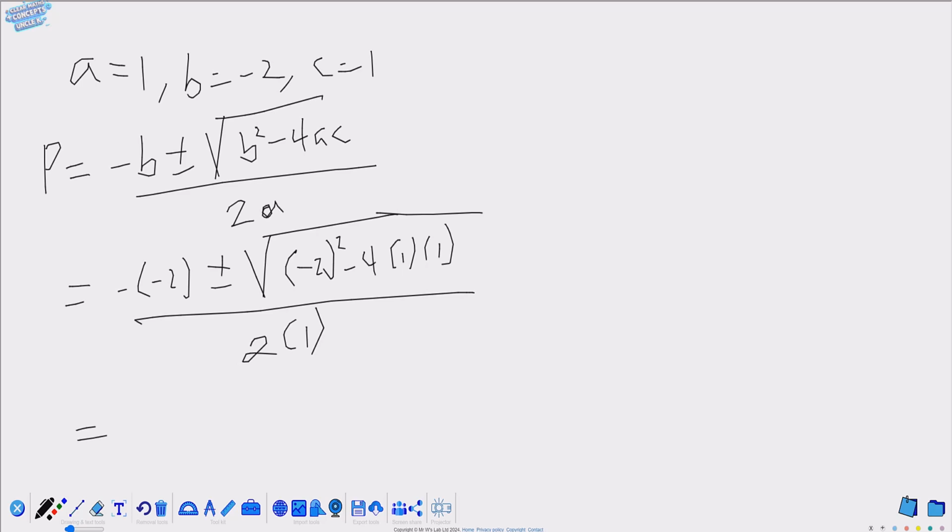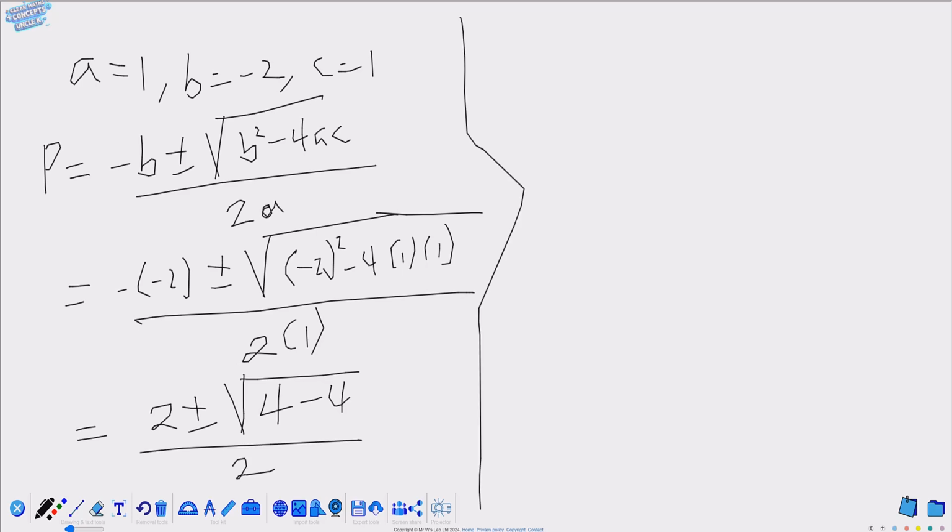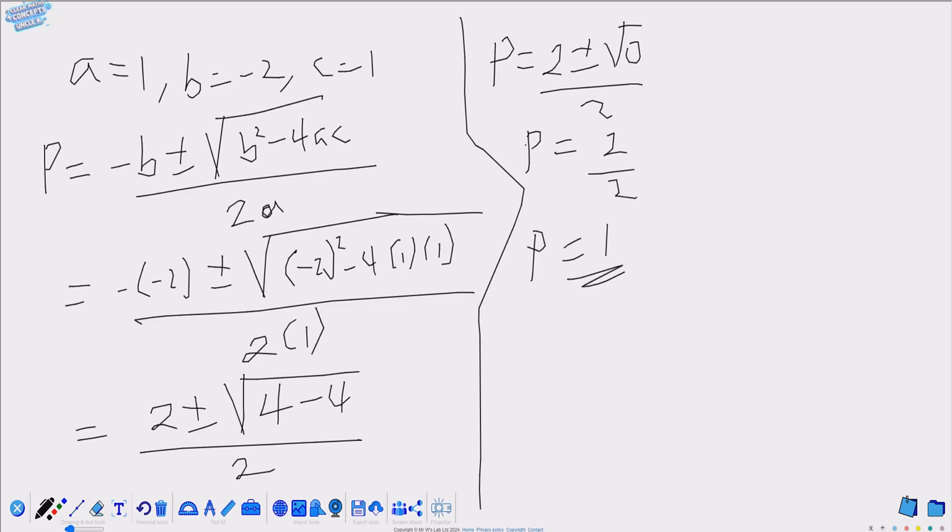So you have 2 plus or minus, minus 2 squared will be 4, because of the even power the negative goes away, then over 2. So p equals 2 plus or minus square root of 0 over 2, which is 2 over 2, since the square root of 0 is 0. P is 1.